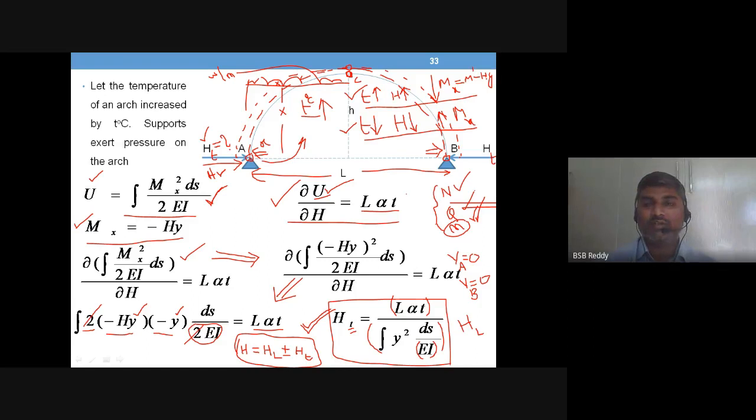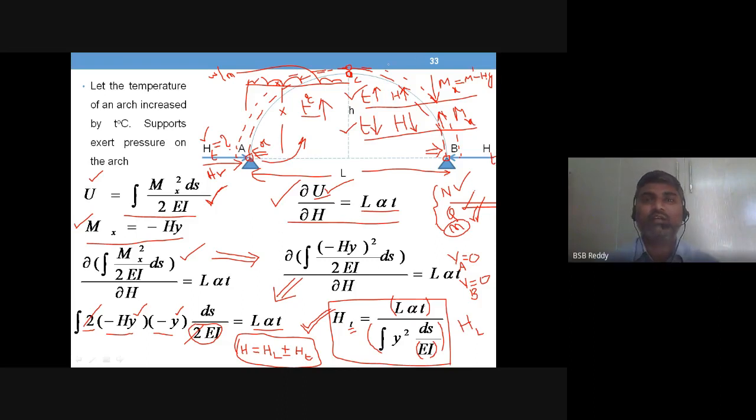I have explained it at the initial point of time that if you do not allow free movement of the member, then only it is going to cause any reaction or resistance. So there is no resistance developed in the case of a three-hinged arch, because the hinge available at the crown point will allow the arch to expand or contract freely.